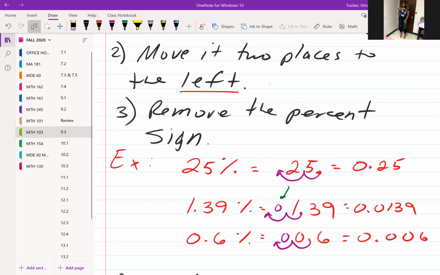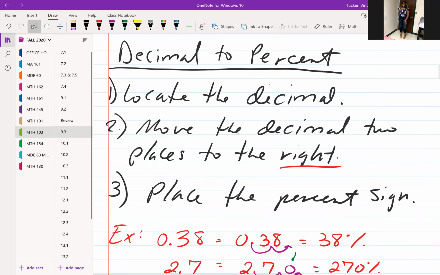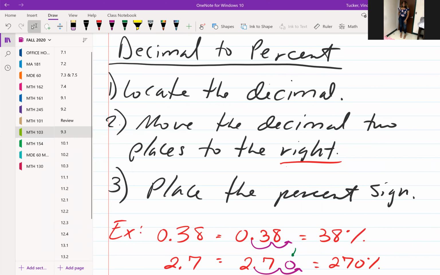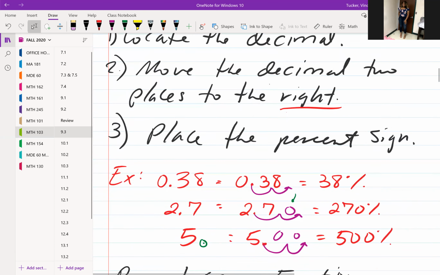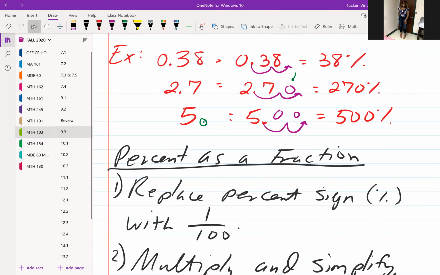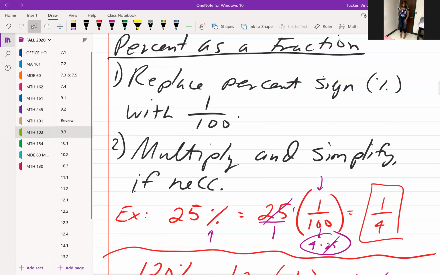Go up. There we go. Okay, thank you. Okay, so can you go down so I can see all the steps for the percent as a fraction?